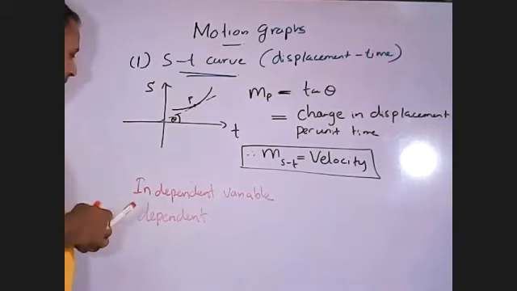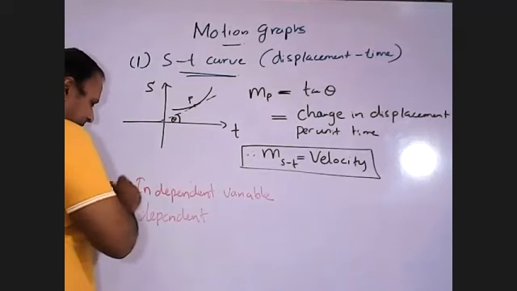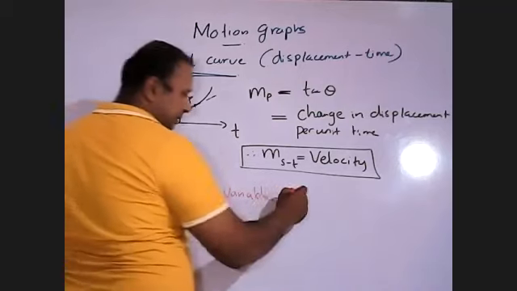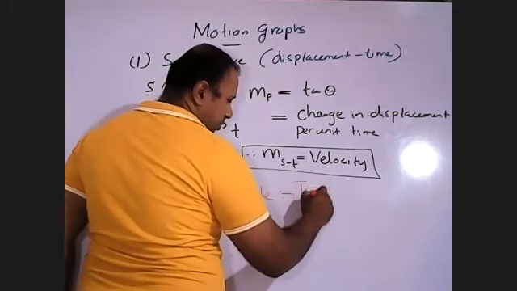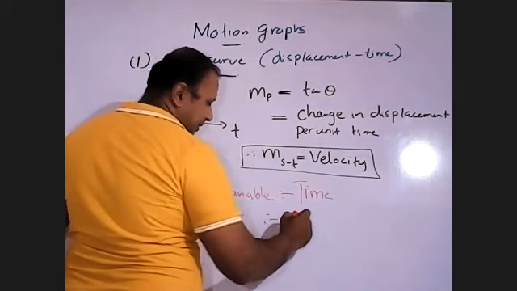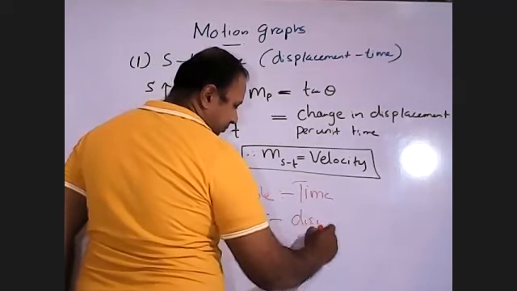Okay, write on that. In here, independent variable is time, dependent variable is displacement.